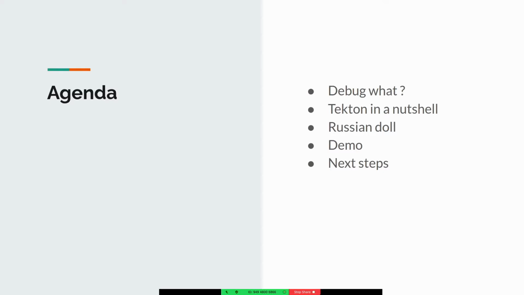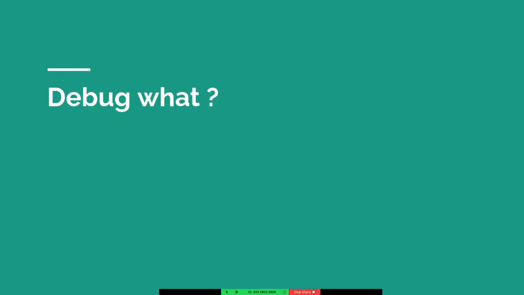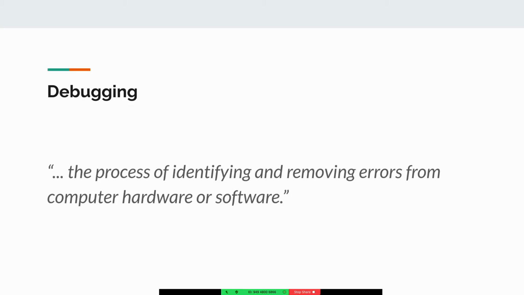Then we'll do a little bit of magic in Russian dolls, explaining how all this works. Then Vibhav will do a demo, and we'll finish with the next steps after this work. So first, debug what?